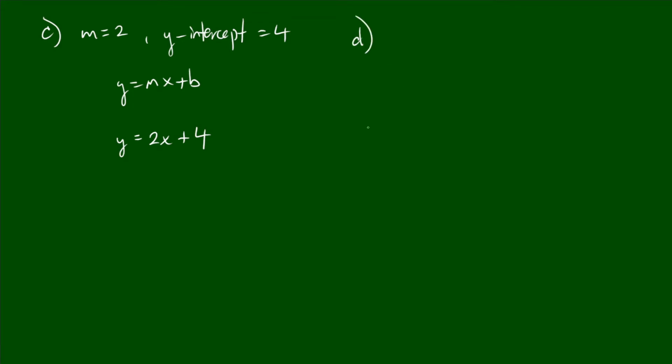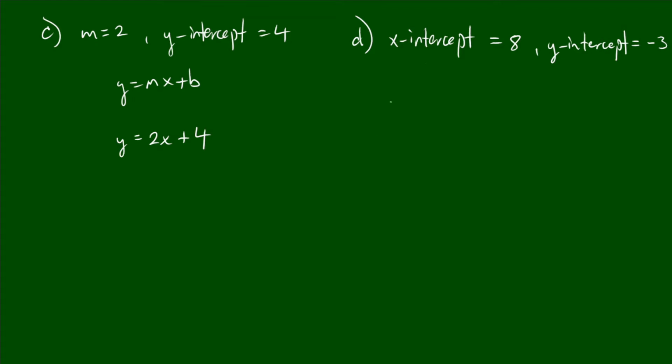Let's do the next question right here. You have an x-intercept equal to 8 and a y-intercept equal to -3. Now, the key thing here is to find the actual point that is the x-intercept and the y-intercept of that line.